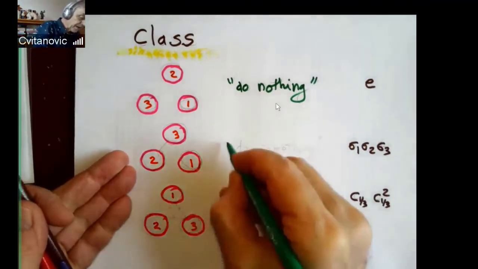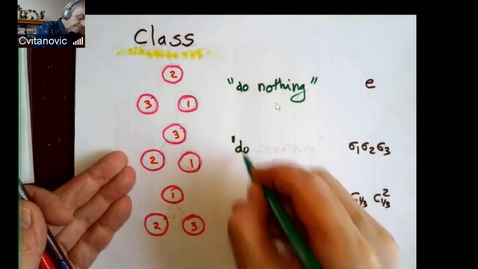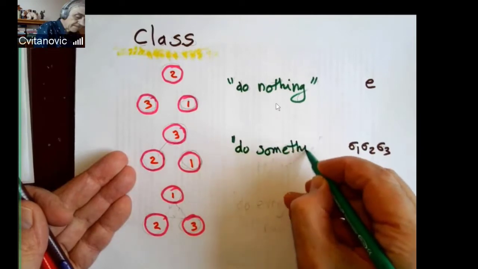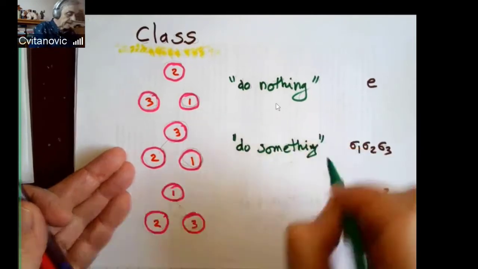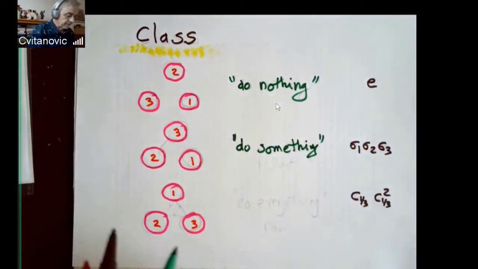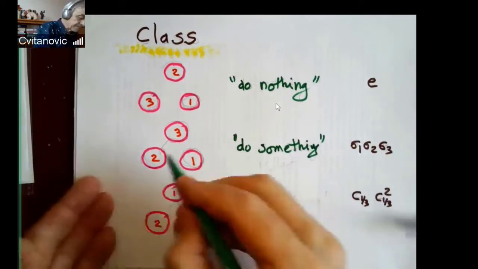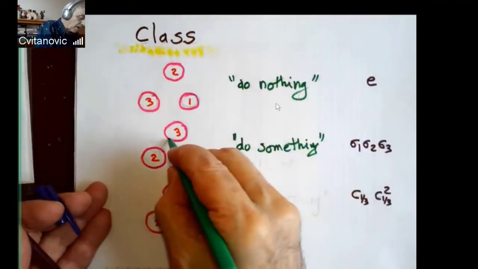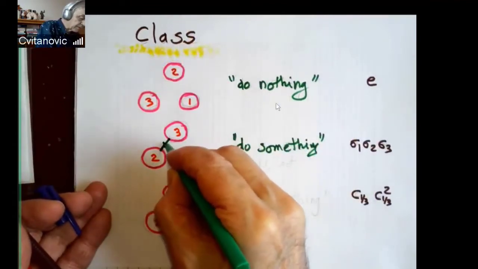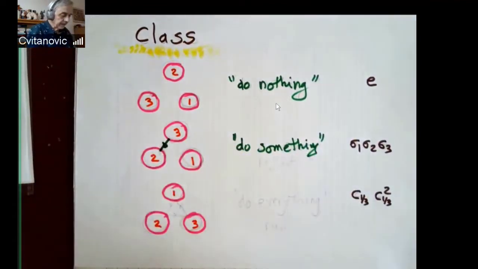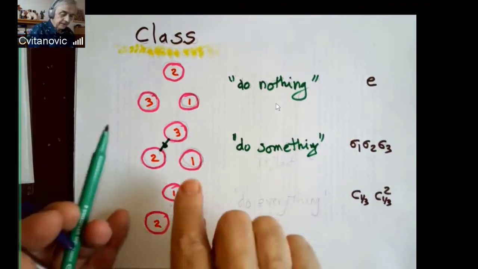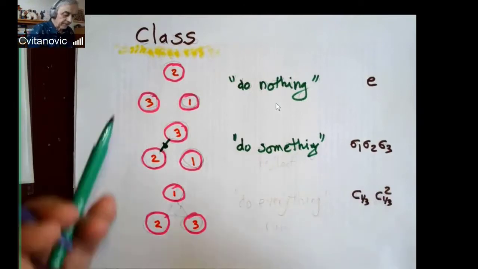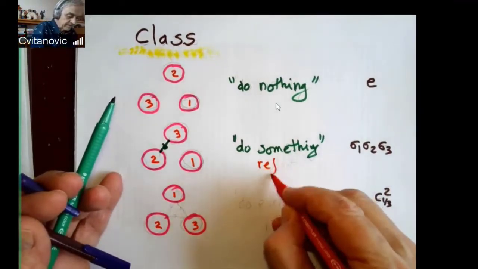Or I can do something, which is what we call a reflection. So for example, I can interchange 2 and 3, or I can bounce a billiard ball between 2 and 3. And the class of group operations that do something are called reflections in this case.